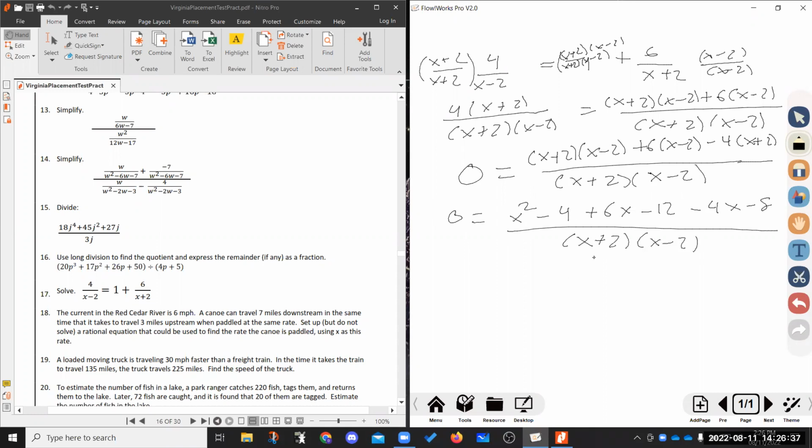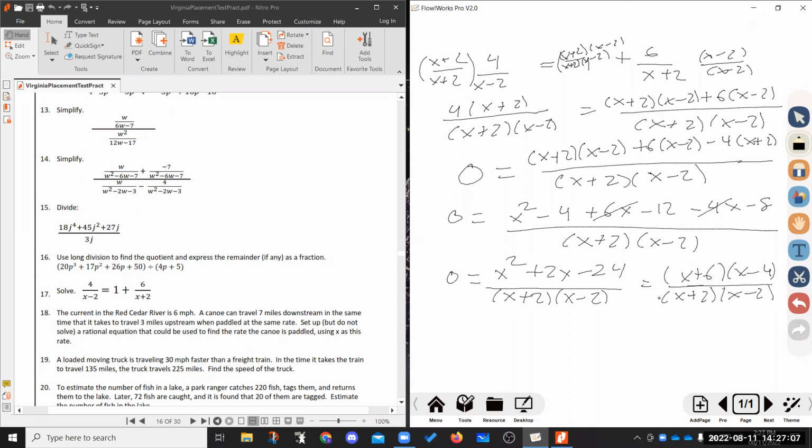It's going to be the numerator that has to be 0 here because I can't divide by 0 and get 0. I'm going to have to say that this is x squared plus 2x minus 24 over x plus 2 times x minus 2. And that was x plus 6, x minus 4 over x plus 2, x minus 2.